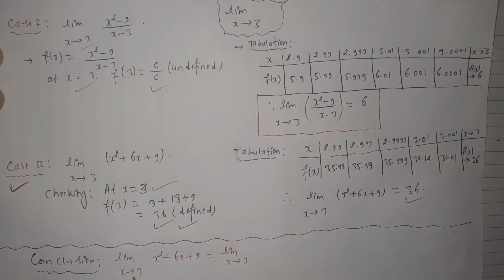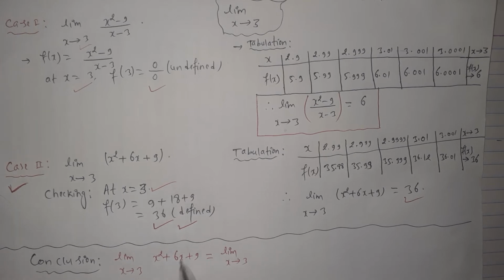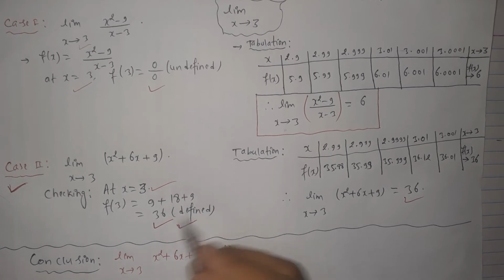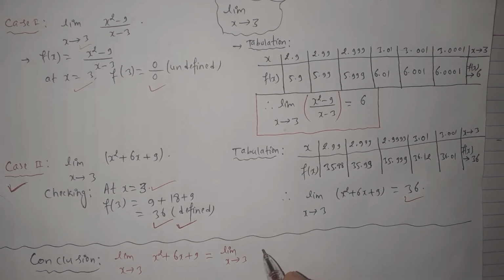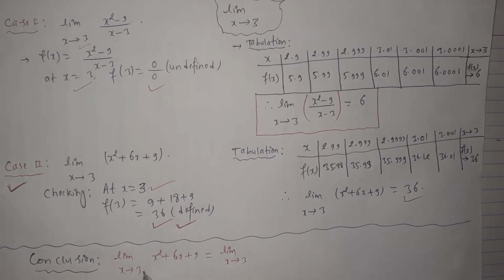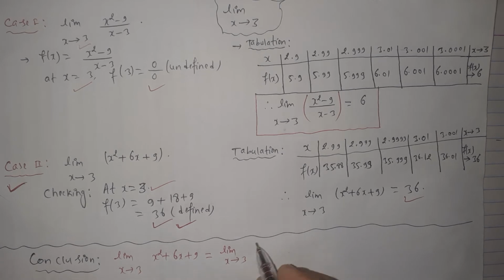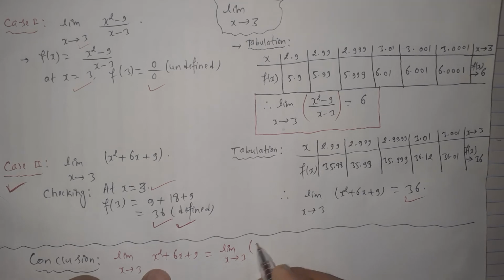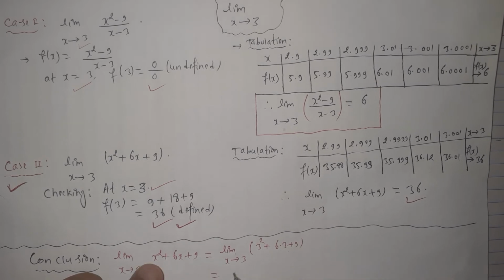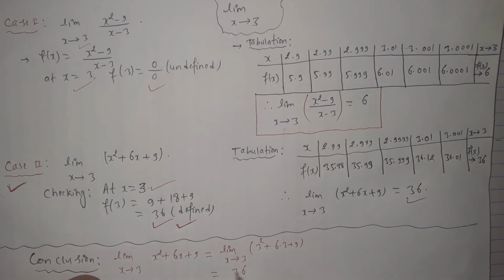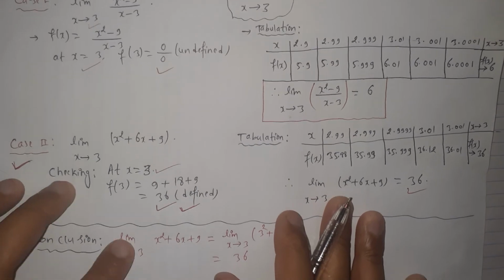Here the value of x approaches 3, and it is defined here. In the defined case, the method is directly substituting the value. If we directly substitute x equals 3, then there will be 3 square plus 6 times 3 plus 9, and this value will be 36, which is the limiting value. It is the direct calculation.